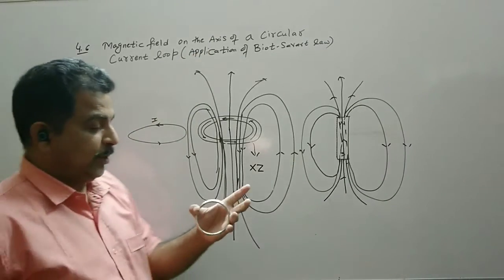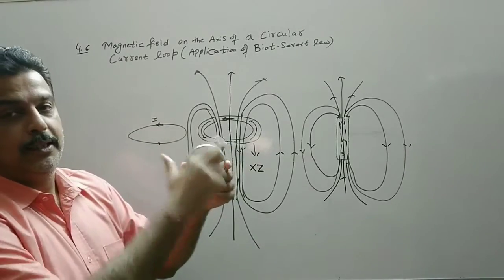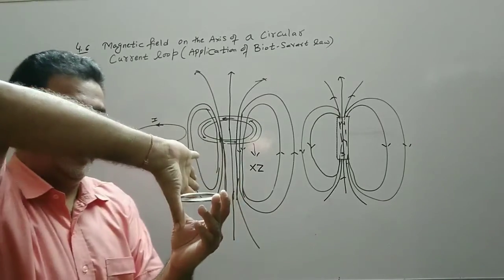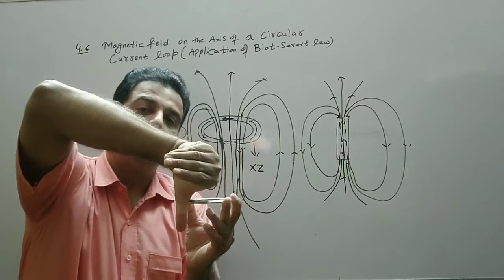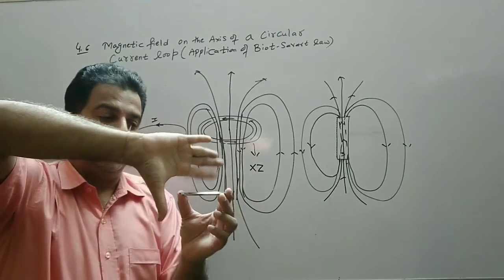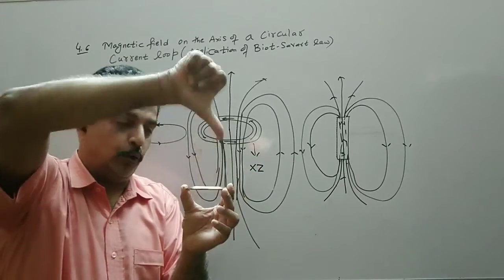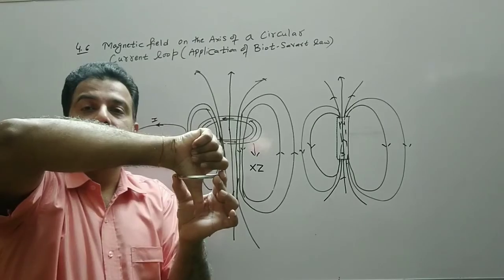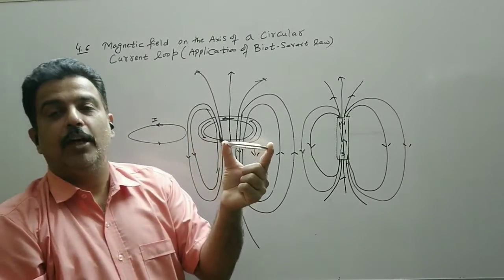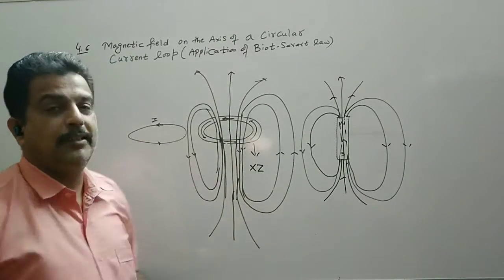If the current is flowing in a clockwise direction, I will rotate my hand like this. You rotate your fingers in the direction of the current. Your thumb is downward. So along its axis, the magnetic field is in the downward direction. And if the current is anti-clockwise, it is upward.